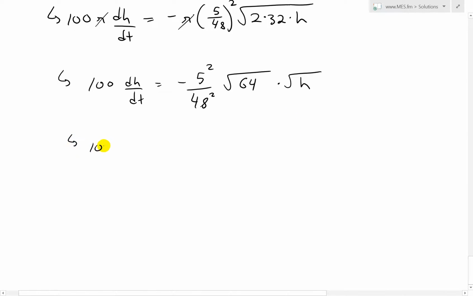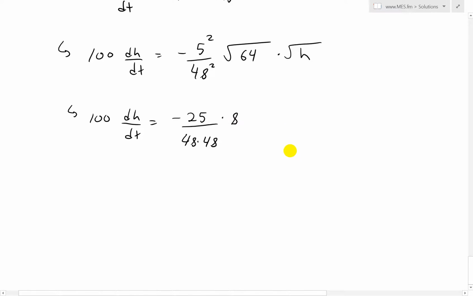Simplified further, 100 dh over dt is equal to negative 5 squared, which is 25, over 48 times 48, times 8 times the square root of h. The reason is that the square root of 64 is 8, because 8 times 8 is 64.